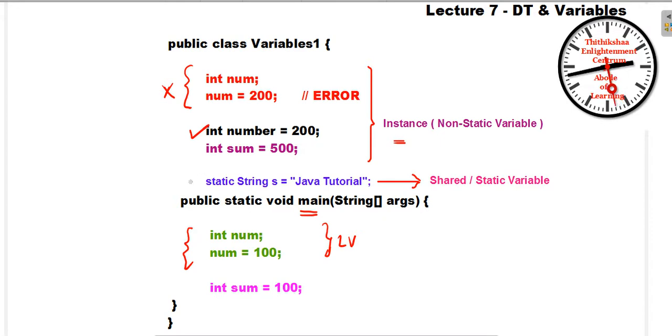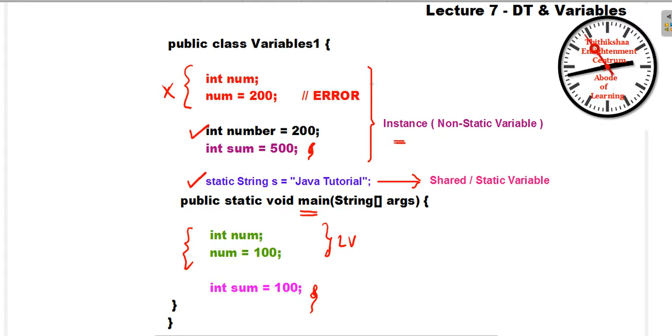Next one, the static variable. This also can be used at the class level. If you use the static keyword, all the objects share the static variable, but each object has its own copy of the instance variable. Similarly, this int sum and this int sum are not the same, they are different.